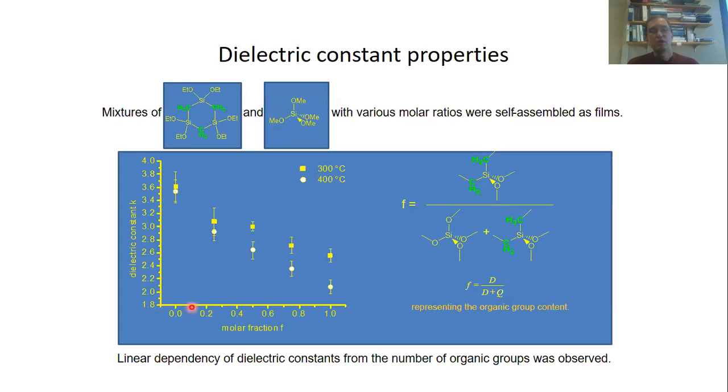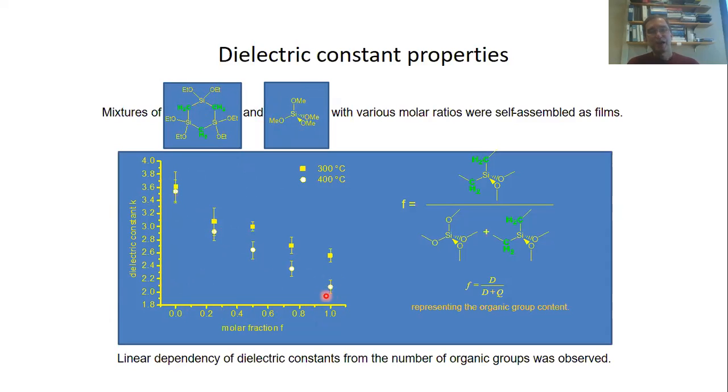So the higher the molar fraction F for the three-ring molecule, the more organic groups you have within your material. So you see clearly here that the dielectric constant is a function of that molar fraction F.